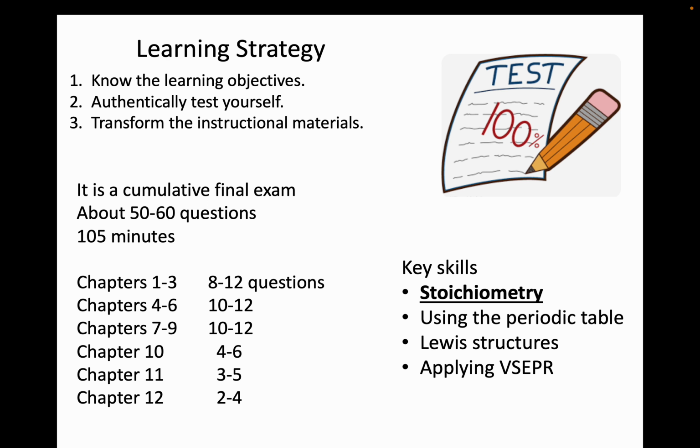We used it to construct Lewis structures. And from Lewis structures, we've been doing other skills like applying VSEPR theory to determine whether the molecule is polar or not. And we're now seeing that's relevant for chapter 11. So key skills that cut across a lot of different chapters: stoichiometry, the periodic table, Lewis structures, and applying VSEPR theory.